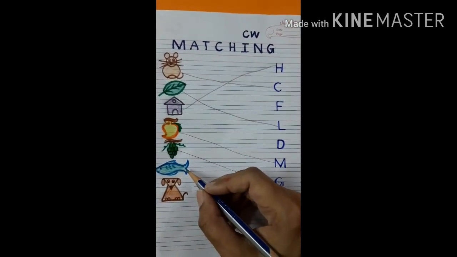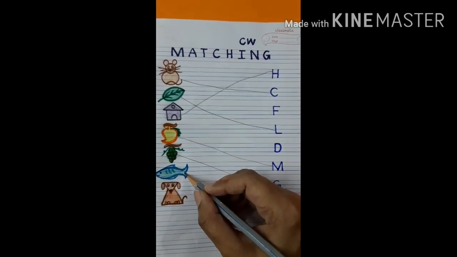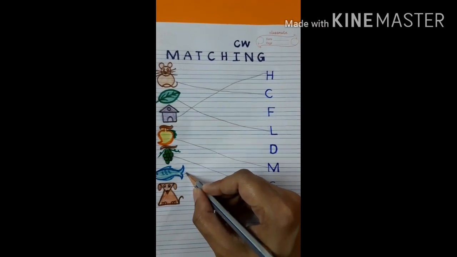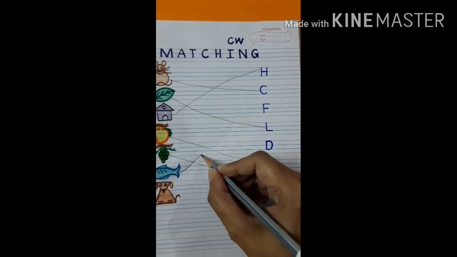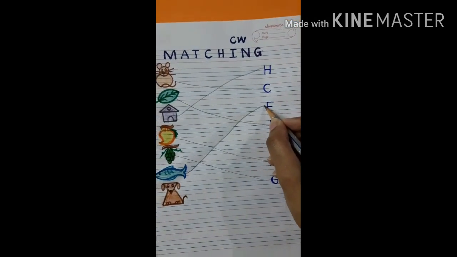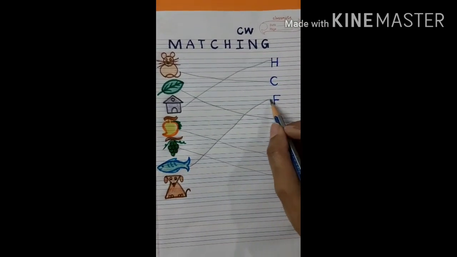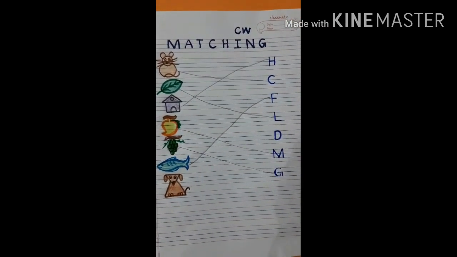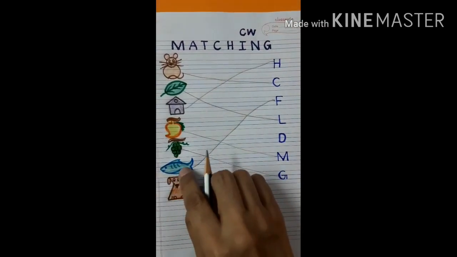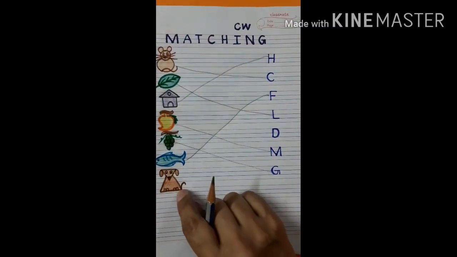Keep the pencil on picture fish and draw a line towards letter F. Like this. F for fish.